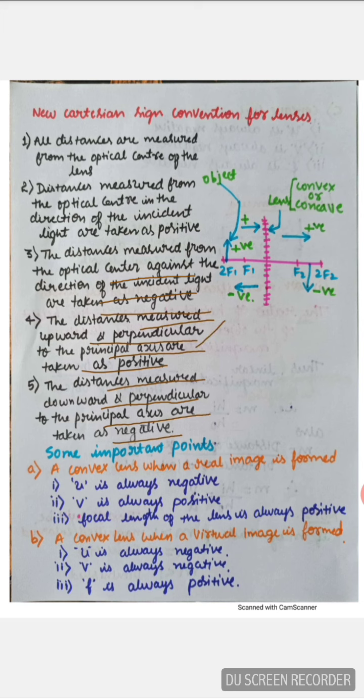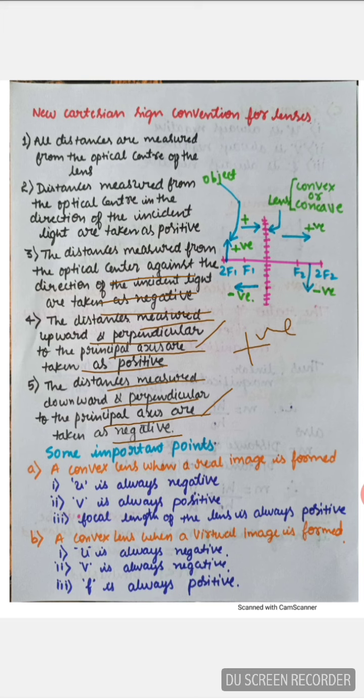Here, the fourth one, the distance measured upward and perpendicular to the principal axis, is the height of the object or height of the image. In the fifth case also it may be the height of the object or height of the image. Remember, the height of the object will always be positive because we consider the object above the principal axis.